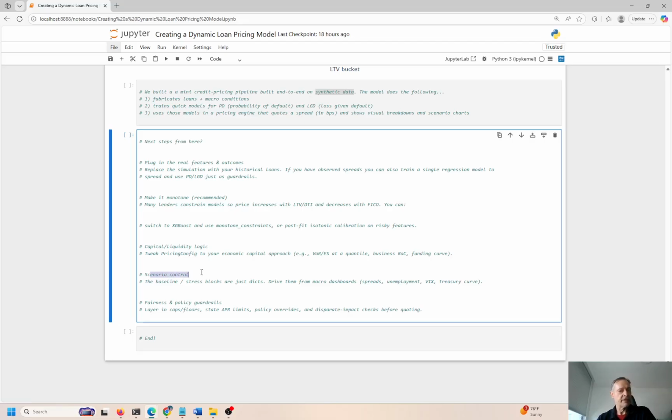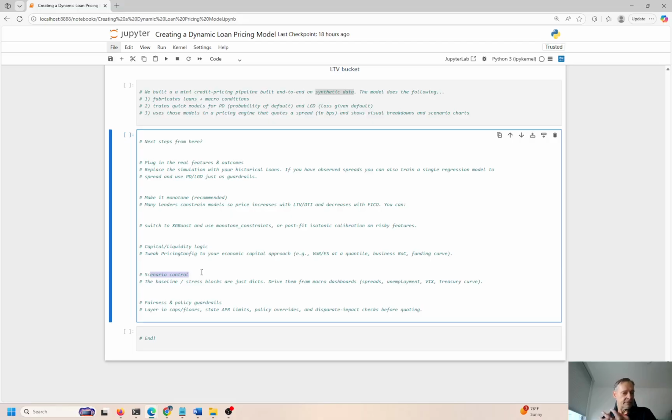Scenario controls. So again, this is a pretty realistic model. There are ways to improve it. You can add in different cutoffs, different parameters, put some guardrails here. So if you have a high risk profile, a potential customer, they just get kicked out right away immediately. That is gone. You don't even do business with that type of person.